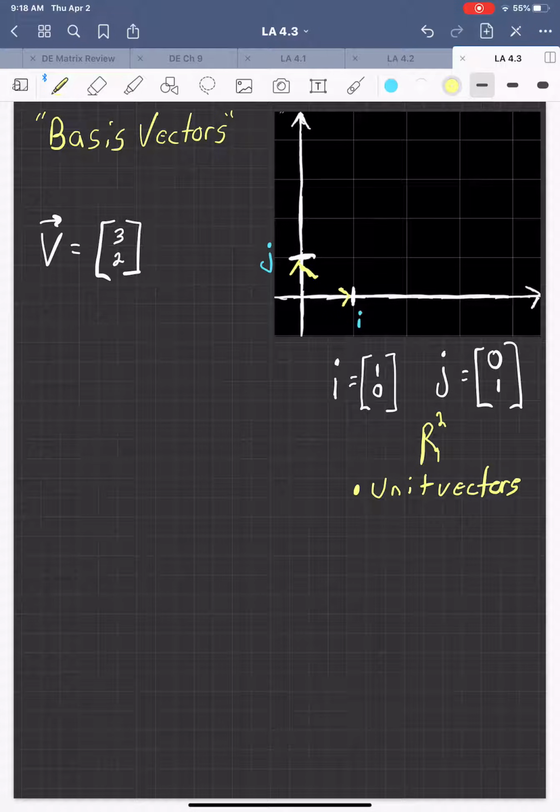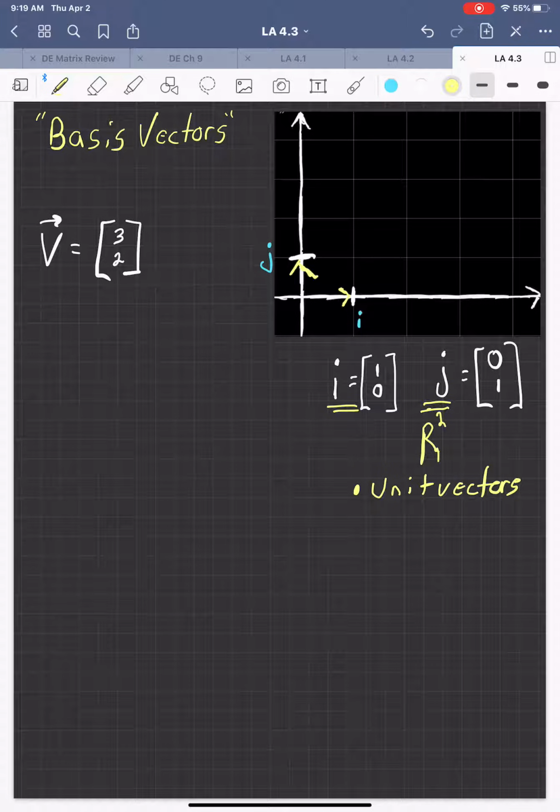So just to make sure you understand, because they have a magnitude of 1, it's the direction of these vectors that makes them so important, as well as the fact that they are separated by 90 degrees.